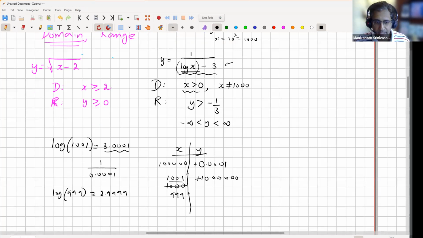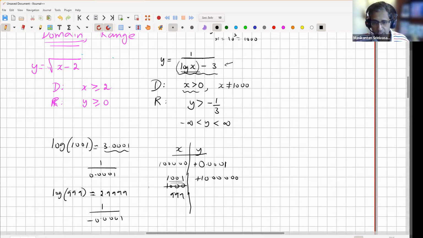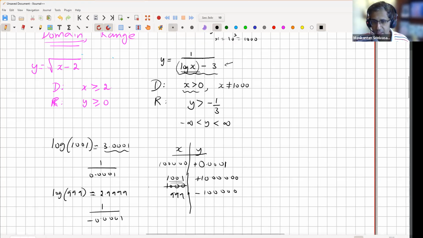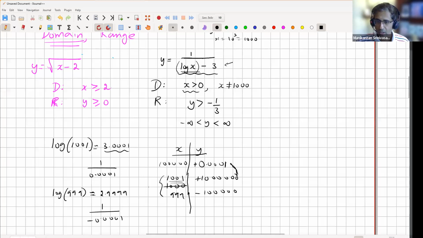Therefore the denominator will be a slight negative quantity, and this whole thing will blow up to negative infinity. So right near 1000, on either side, you have a huge swing from positive to negative infinity.